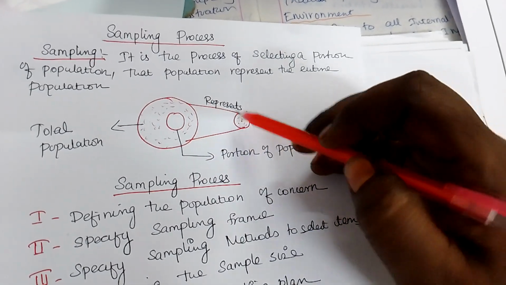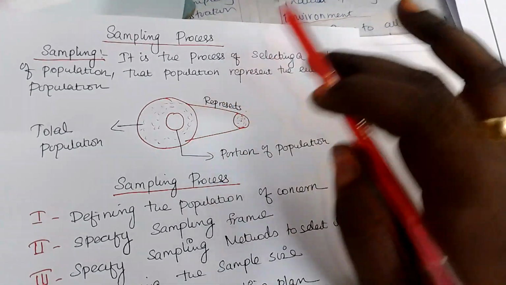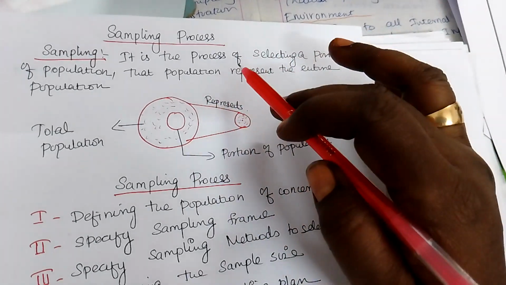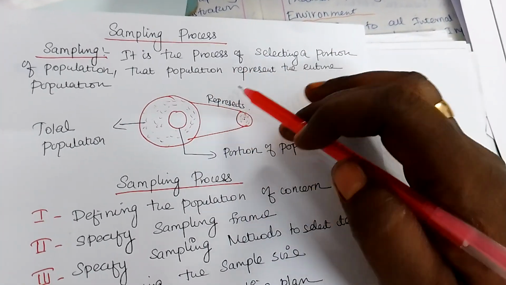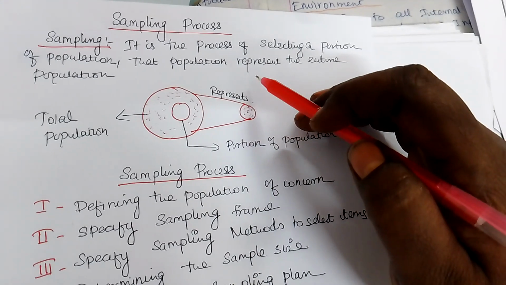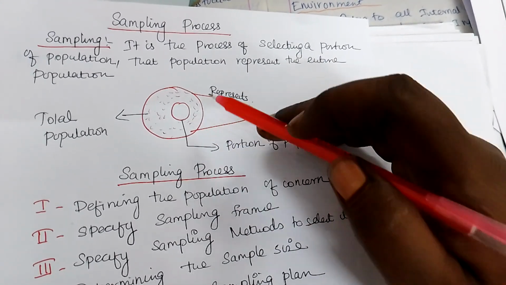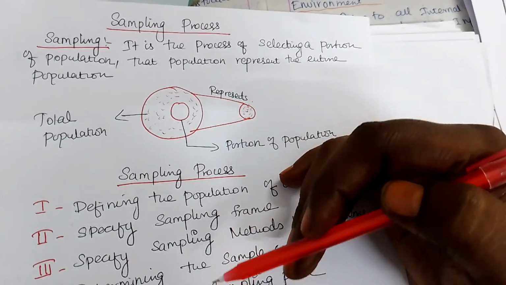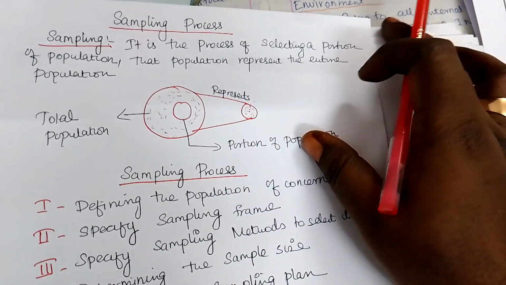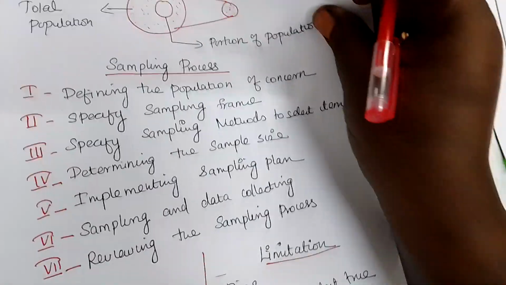That portion representing the total population is called sampling. Now you understand the essentiality and importance of sampling. As PG or UG students, you should know which sampling technique is better, which I will be teaching you further ahead.